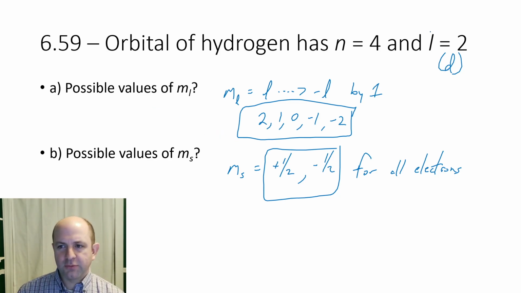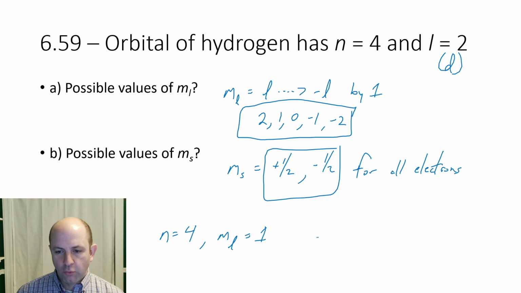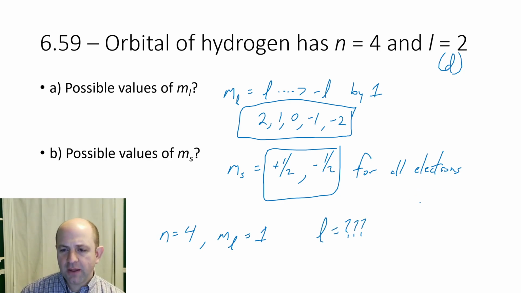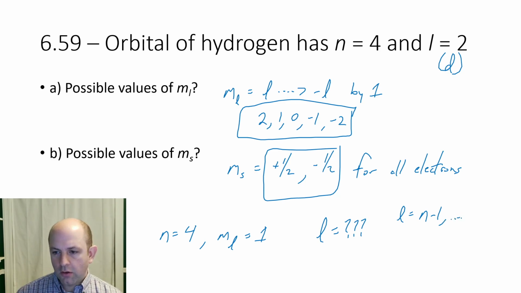Now I'm going to do a little extra one. Let's pretend that we didn't know that L equals 2. Let's say that we had something where n equals 4 and m sub L equals 1. And they want to say, what could L equal? What are the possible values there? Well, for that, L can be anything from n minus 1 all the way down to 0 by 1s again.